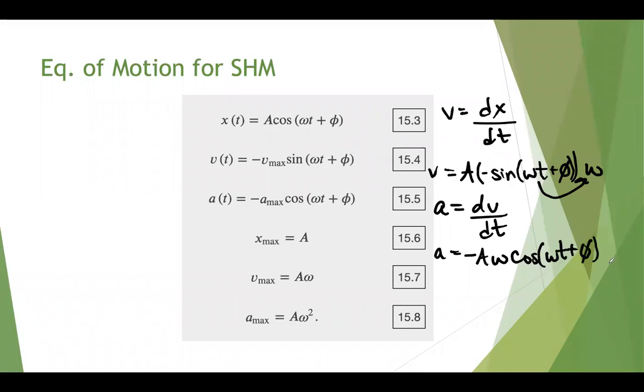And then again, take the derivative here, and that's going to be omega again, okay, since it's with respect to t. So now we see, again, we have the same equation here, and they have defined a max, or the maximum acceleration, as A omega squared. Okay.